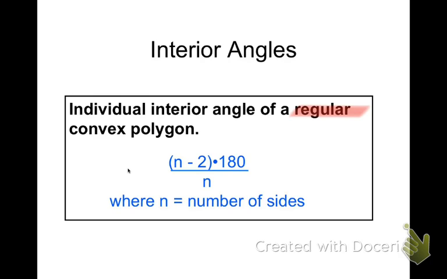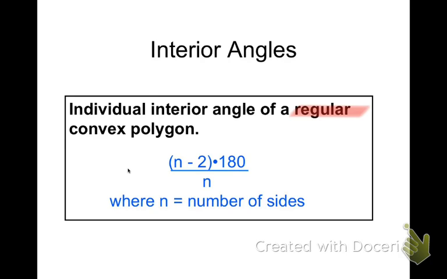Because if it wasn't regular, then all your angles may not all be the same, and we can't just divide and assume that they are. If it says find the individual interior angle of a regular decagon, that means all the interior angles are the same.